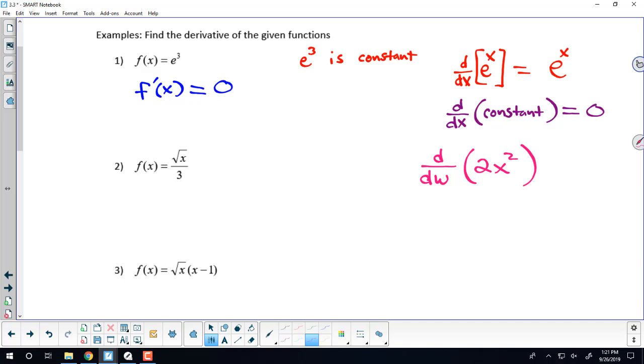There's no w in there. 2x squared is constant with respect to w, in our sort of 1-2 dimensional setting. But I think that's the easiest way to tell, but not the most technical way. More technically, you should know when you're dealing with a constant versus something that varies.